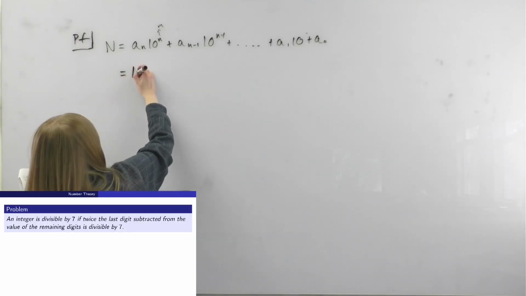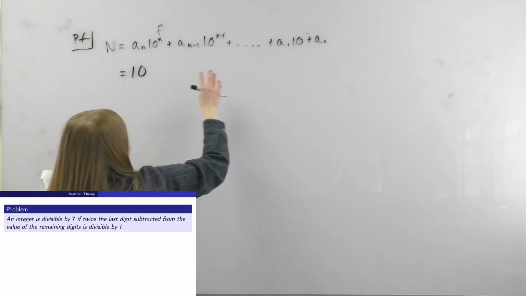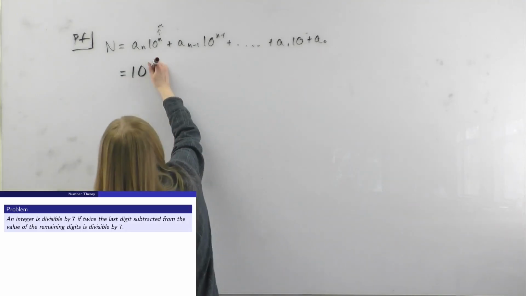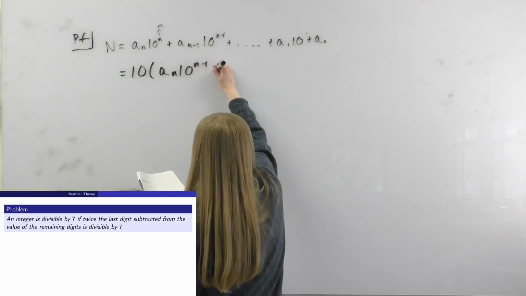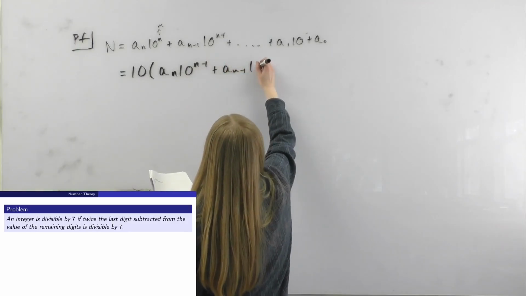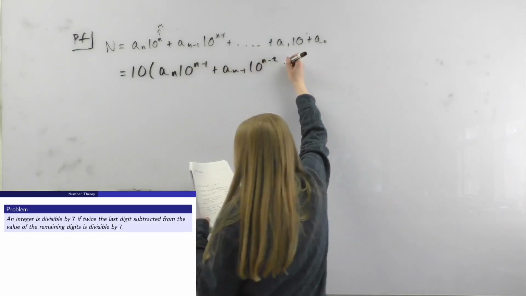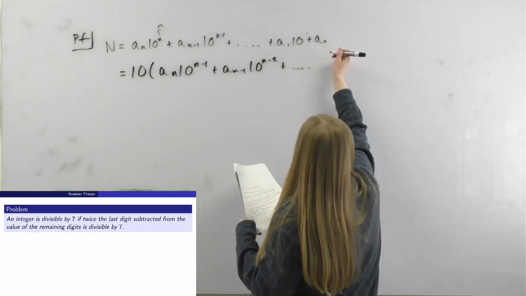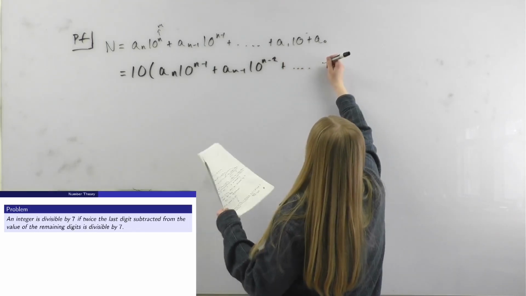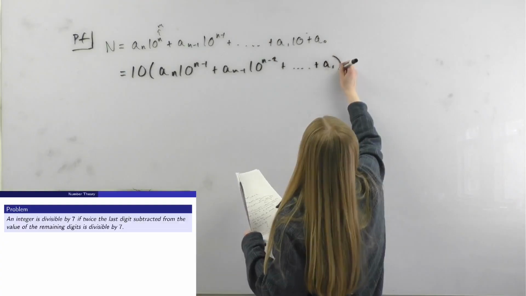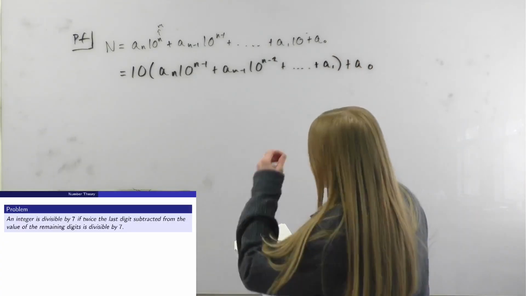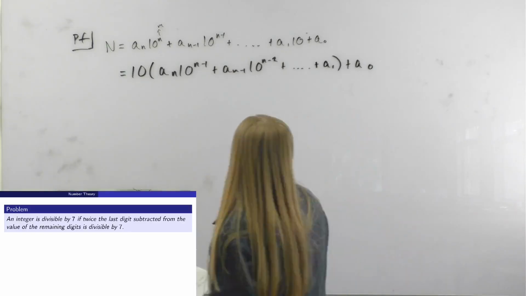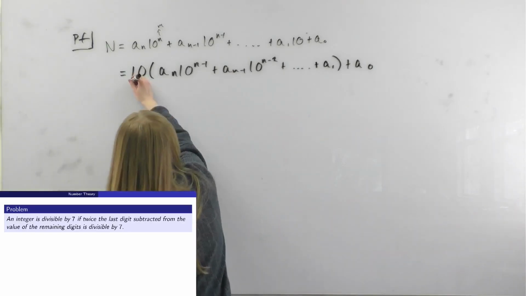This is equal to, we're going to pull a 10 out, but not from everything: 10 times an times 10 to the n minus 1 plus an minus 1 times 10 to the n minus 2 plus dot, dot, dot, plus a1, plus a0. And then we're going to add a fancy 0.